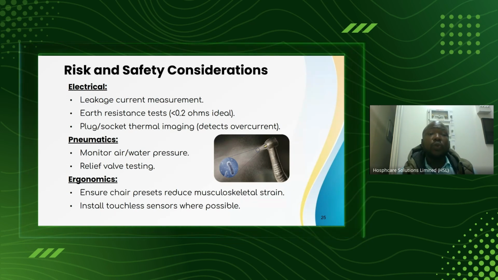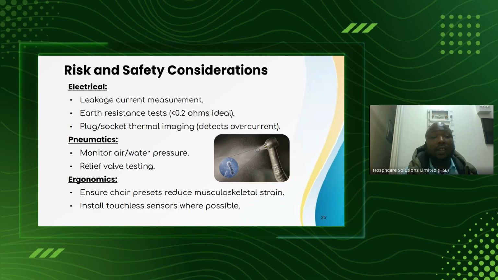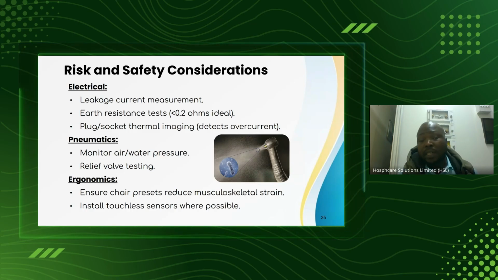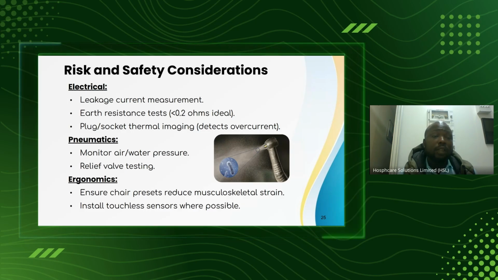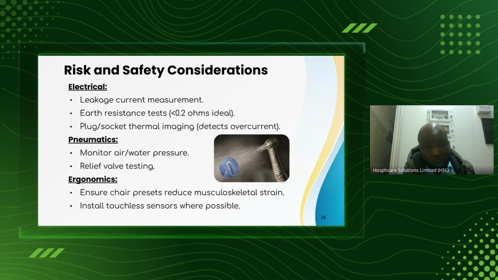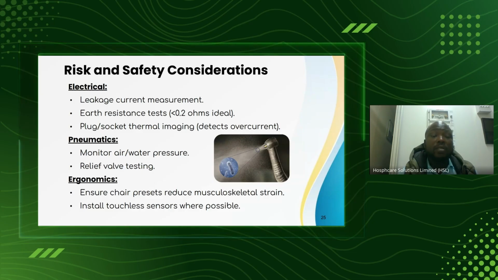For risk and safety considerations, you need to check electrical leakage current and earth resistance. The equipment must be fully earthed, and plug sockets must be free from leaking or short circuiting. Pneumatic: monitor air and water pressures; these are very important for the turbine movement. Once these pressures are not right, if they are low, the turbine will not run.